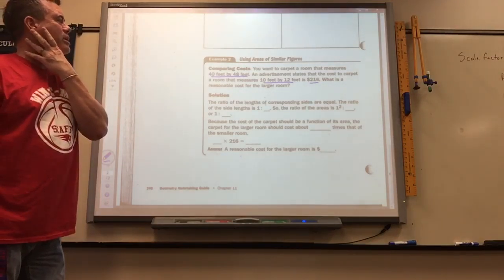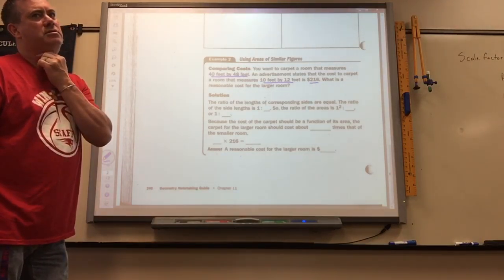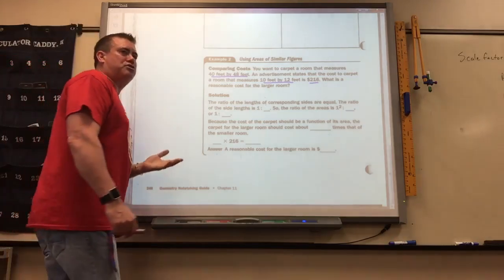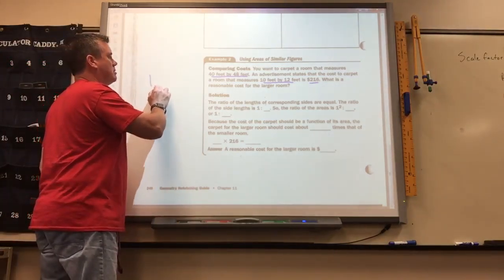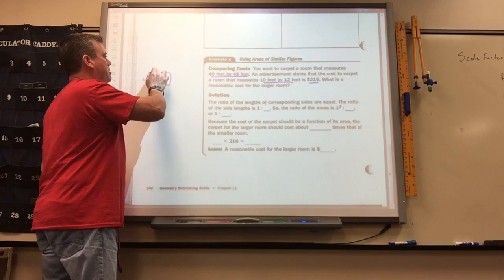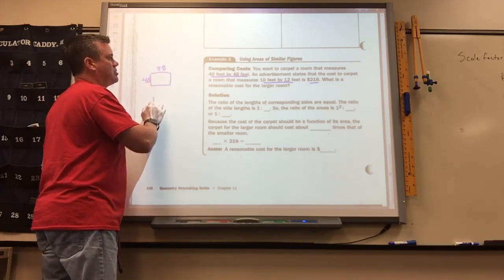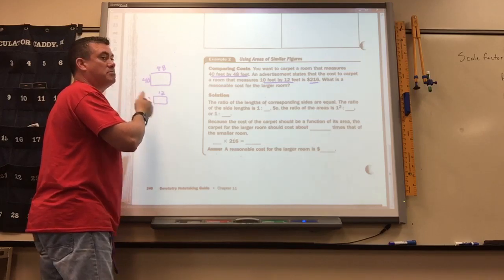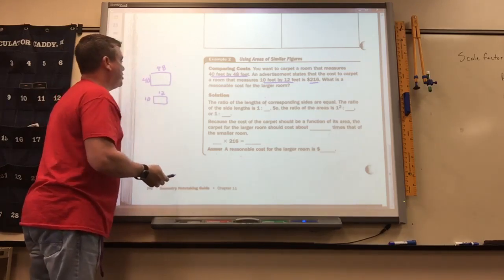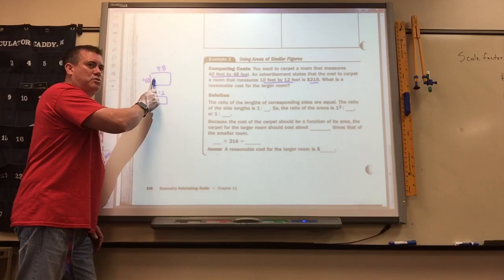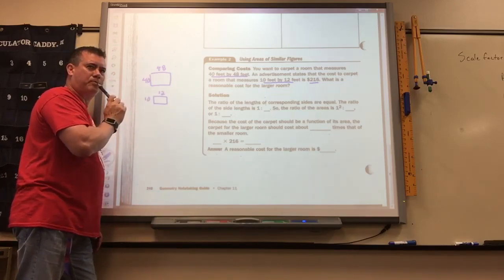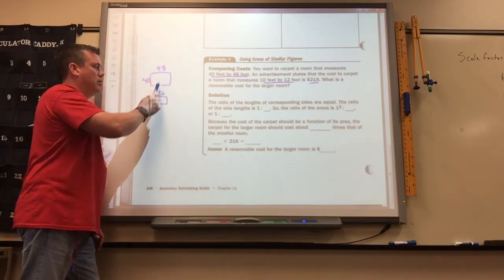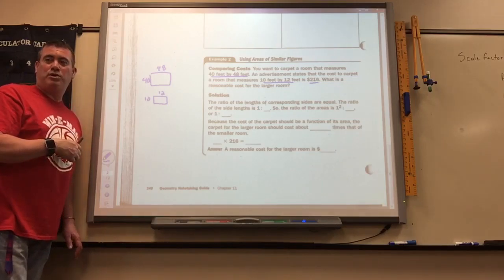So there's a couple different ways you could do this. You could just draw 2 pictures. Say this one is 40 by 48, and say this one is 10 by 12. So the scale factor is, how much bigger is this one than that? Huh? 4 times bigger, right?